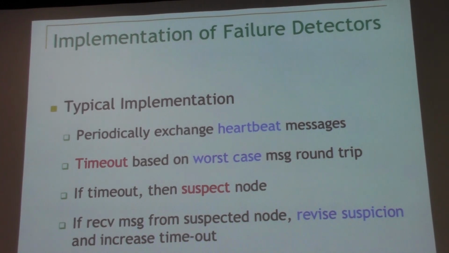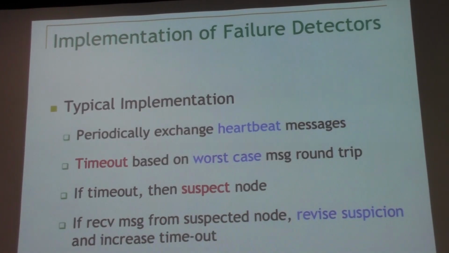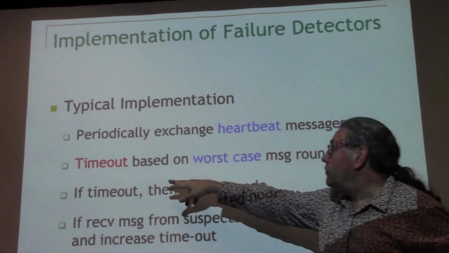So we're going to show you how to implement them. There's many ways to implement them. They're kind of black boxes, or yellow boxes, but there's code running in there. Typically nodes will exchange messages, and these are called heartbeats because they're periodic. I send a heartbeat from 1 to 2, I get a heartbeat back, and if I don't get anything back, I can time out.